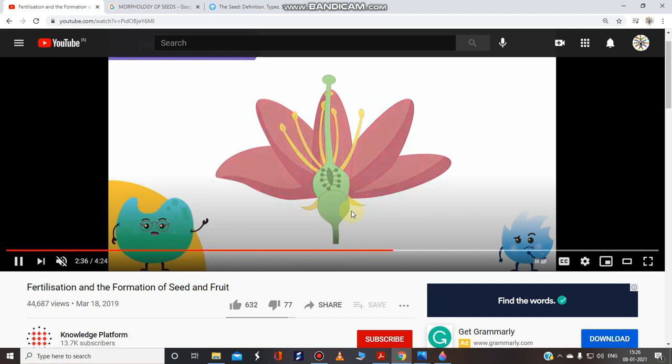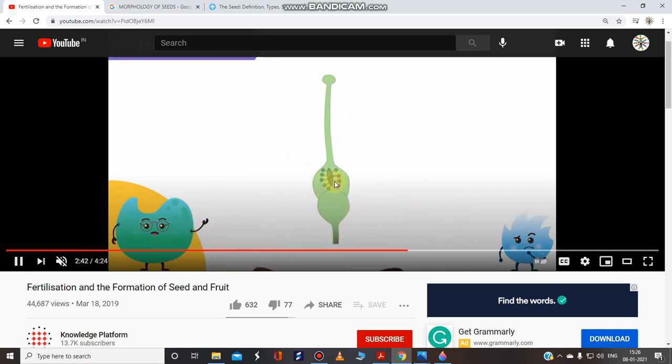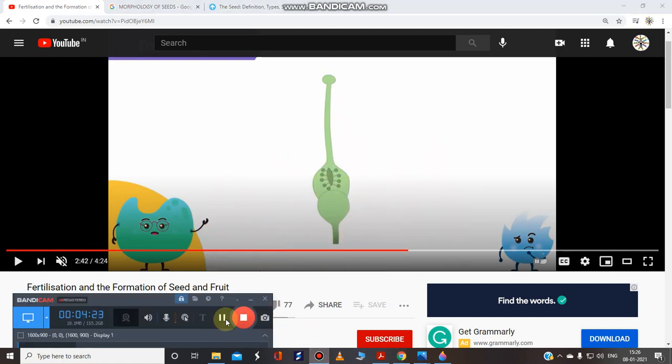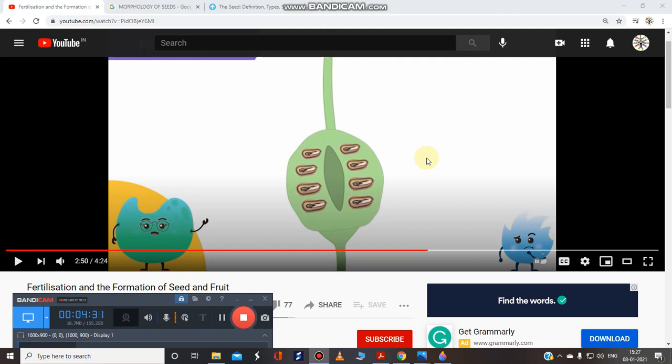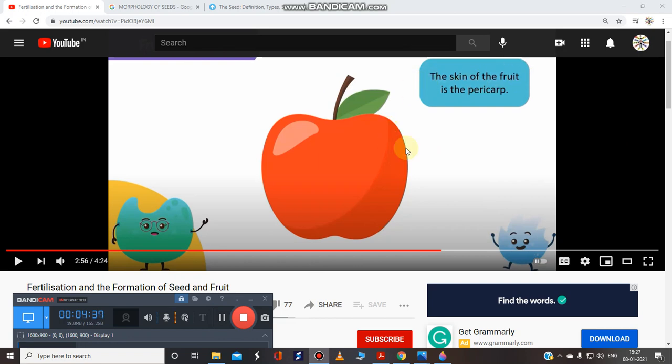After fertilization, these will dry off and fall down. Then the ovary which contains the embryo develops into seed. The ovary basically grows bigger and bigger and results in the formation of the fruit. And we know the skin of the fruit is known as the pericarp.